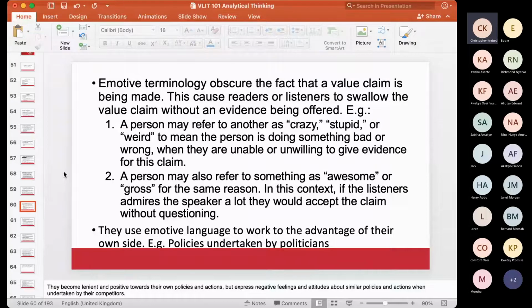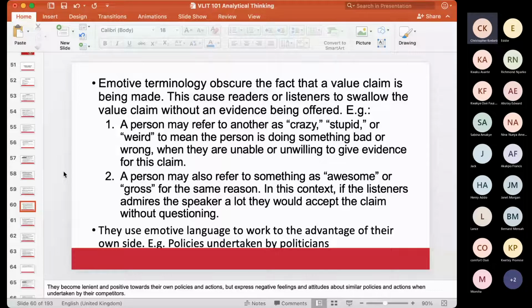So when emotively charged words, terms or language are used, it is because sometimes the speaker wants to hide certain meaning from you. For example, a person may refer to another person as crazy, stupid, or weird to mean the person is doing something bad or something wrong when they are unable or unwilling to give evidence for this claim.